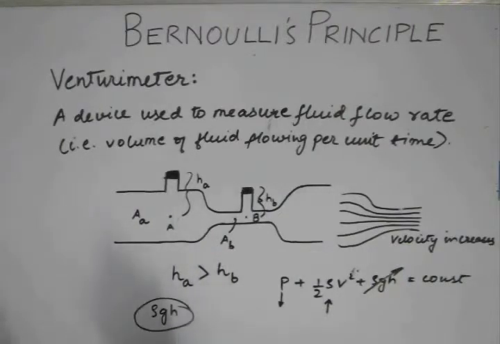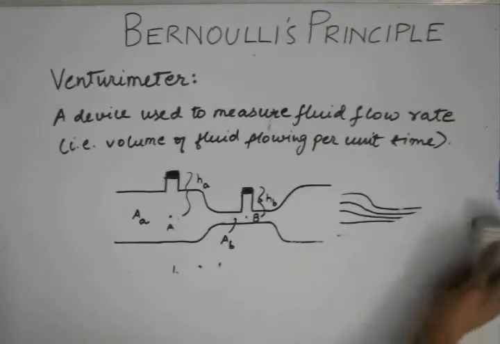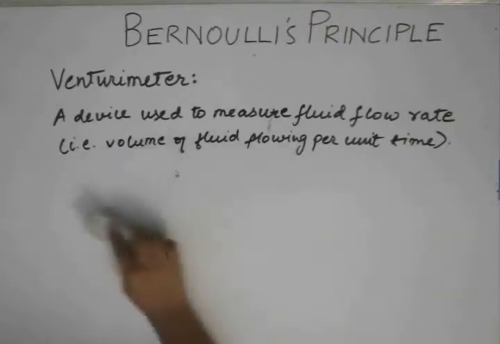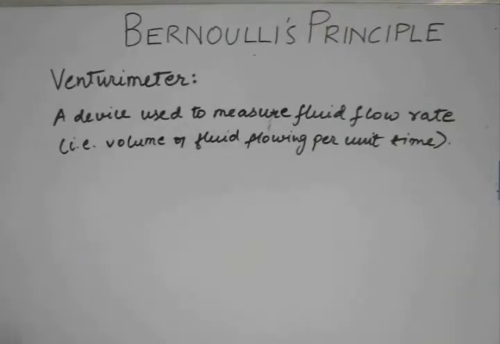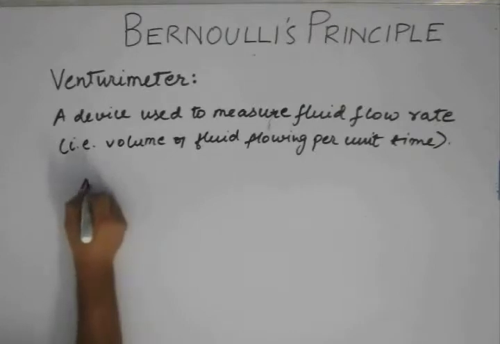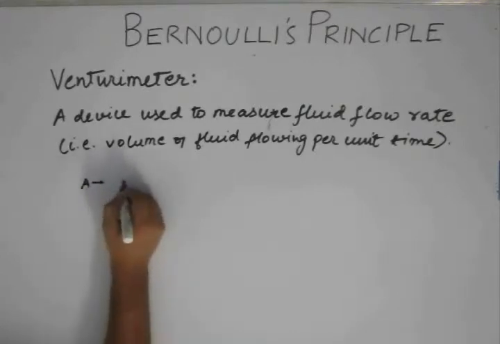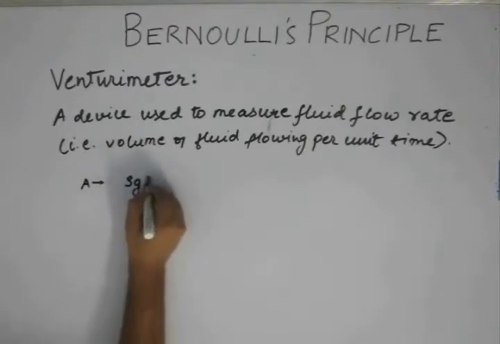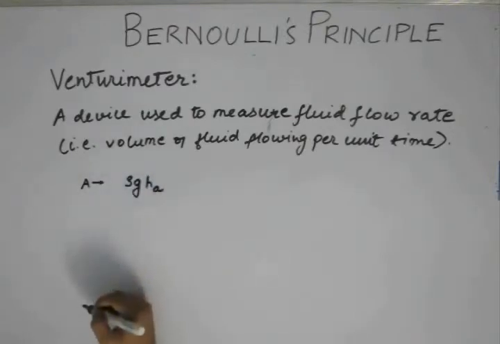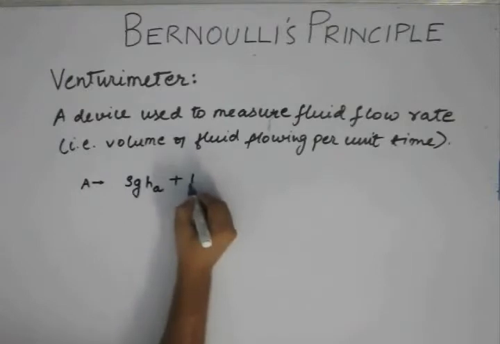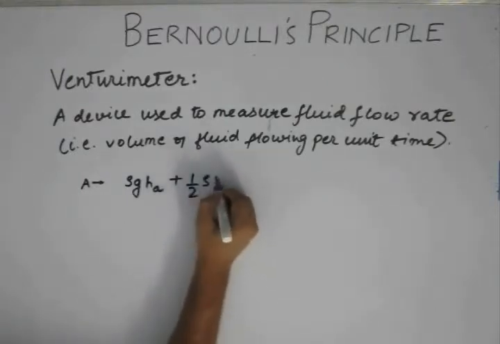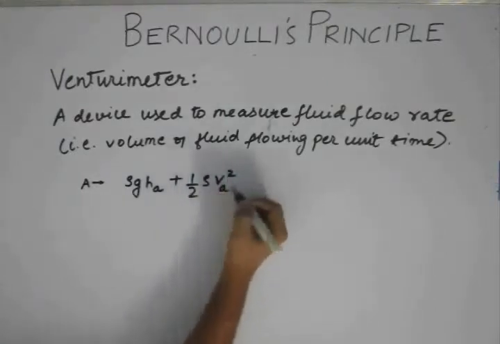Now we will find the volume rate of the fluid flowing through this venturimeter. At point A, the pressure term is rho g hA. The kinetic energy is half rho vA square.